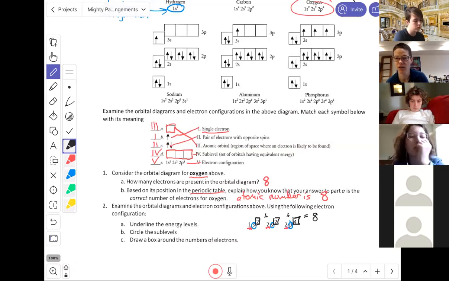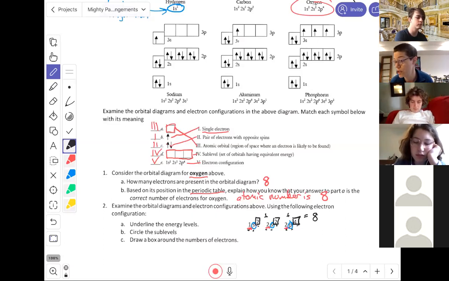So an electron configuration tells us an energy level, a sublevel, how many electrons are in the sublevel. Then the next energy level, sublevel, how many electrons are in that sublevel. Add up all of those electrons and you get the atomic number. While those are exponents, we do not say them as squares.